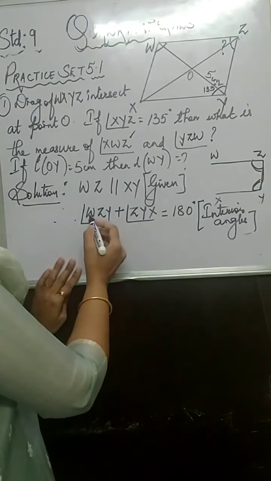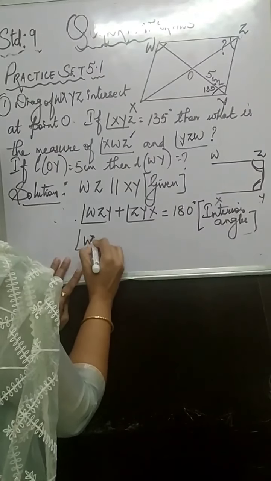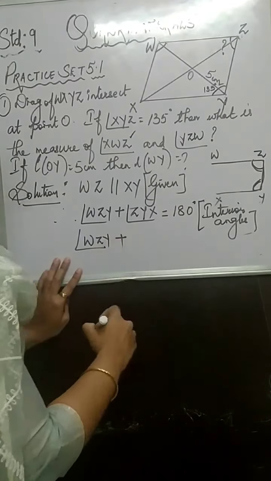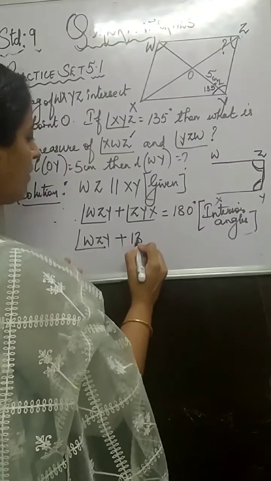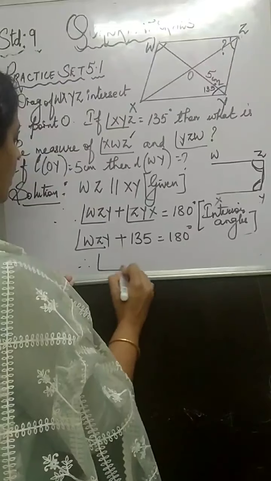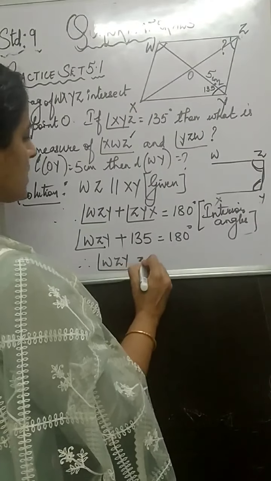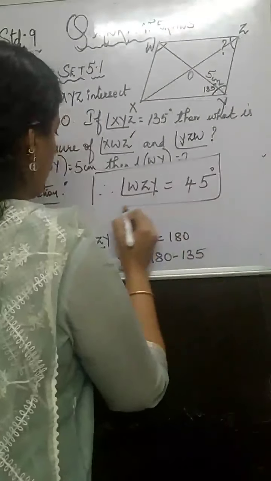So now WZY, do you know? No. So that we will write as it is. WZY plus ZYX, you know ZYX, yes, it is 135, is equal to 180. So therefore WZY is equal to 180 minus 135.